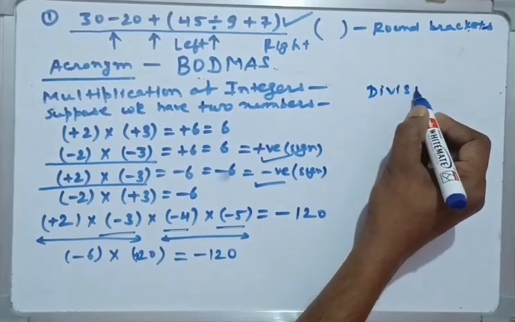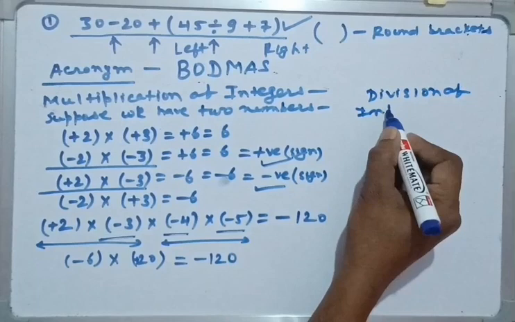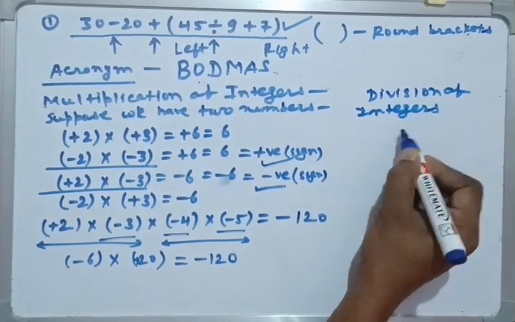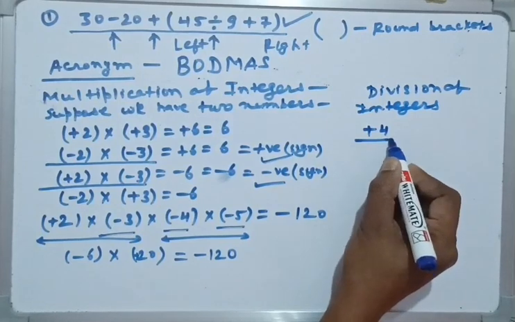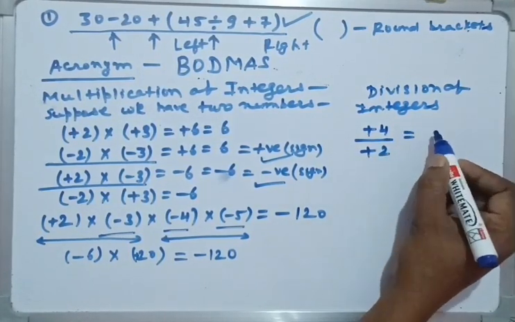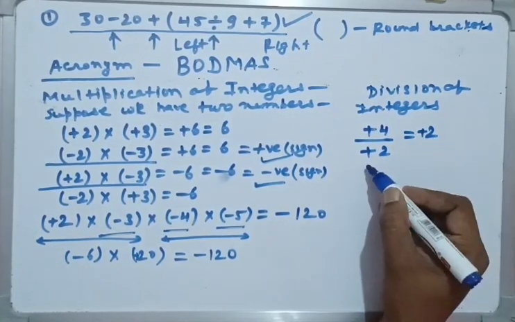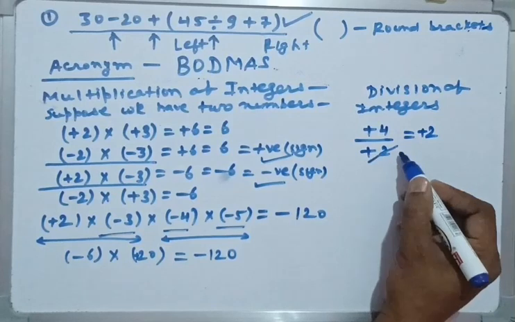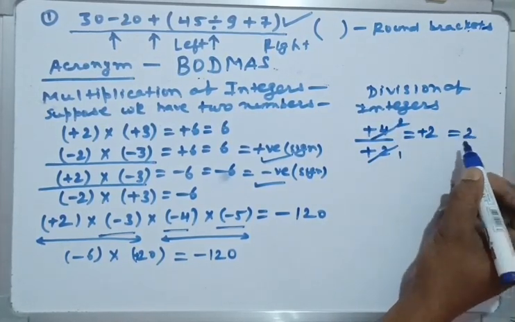Division of integers. Okay, suppose the first number has a positive sign and the second number also has a positive sign. So the answer is also positive, +2, because 2 ones are 2, 2 twos are 2.